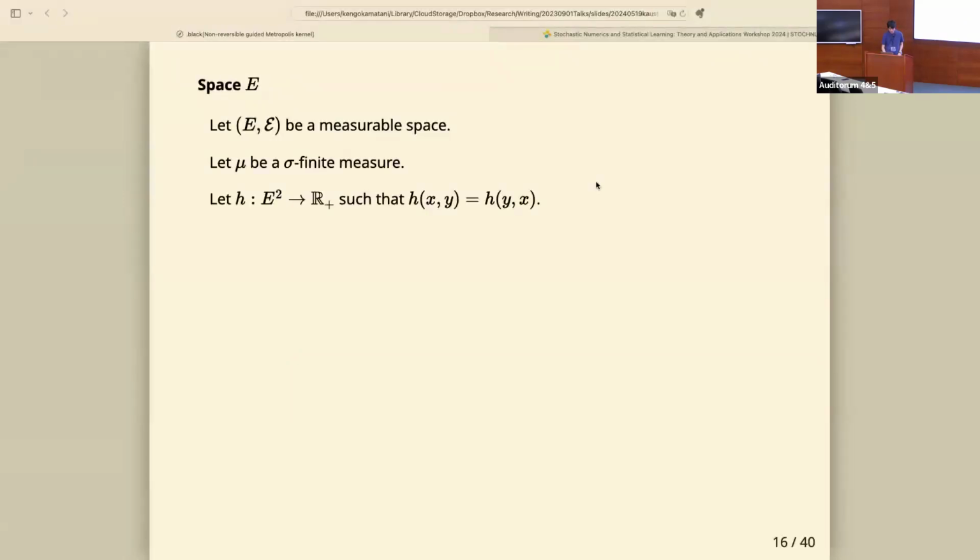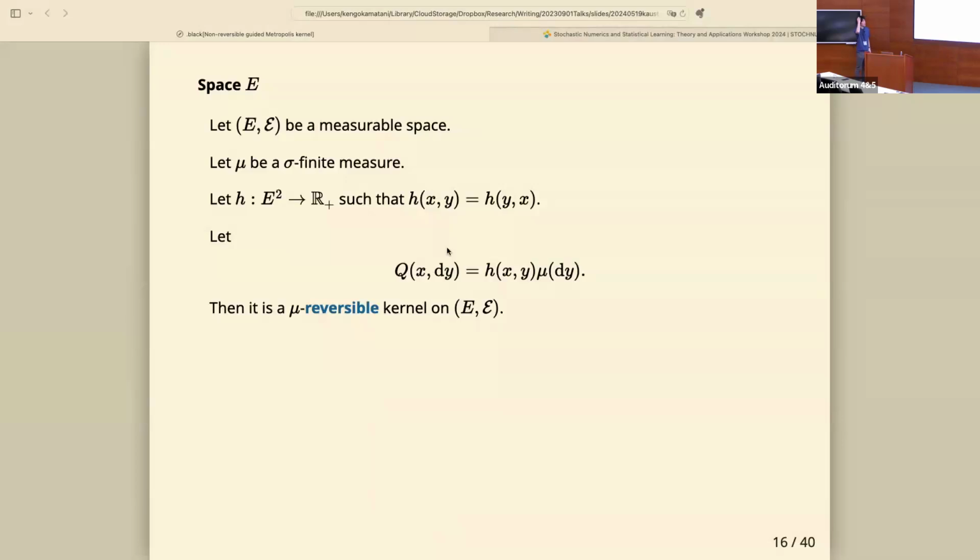Suppose that there's a sigma-finite measure mu, and we have this symmetric function, so a reversible function. How do we obtain this? Actually, this is easy because this kind of reversible function is related to a reversible kernel. So if H has the reversible property and kernel Q has this density, then Q automatically has the reversible property.